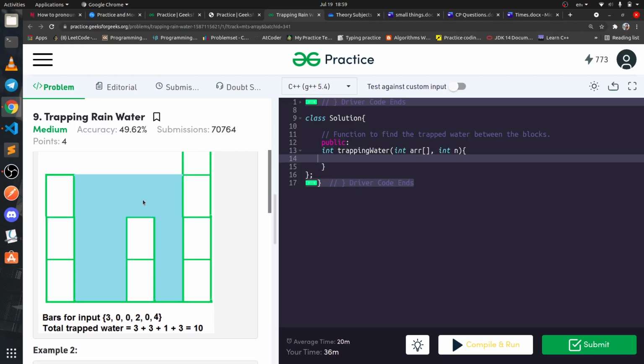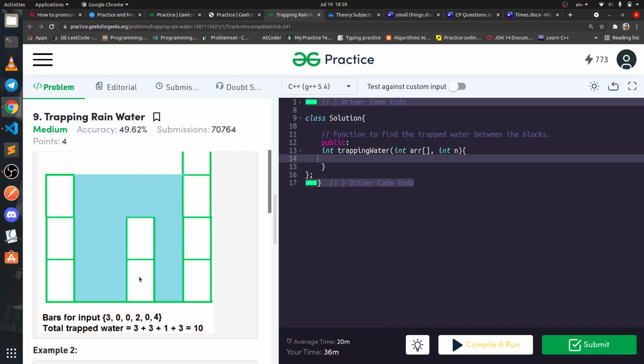To its left there is a block of height 3, and to its right there is a block of height 4.